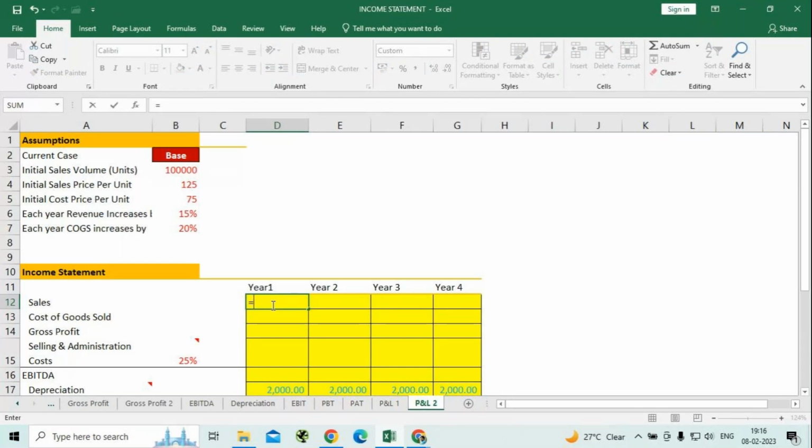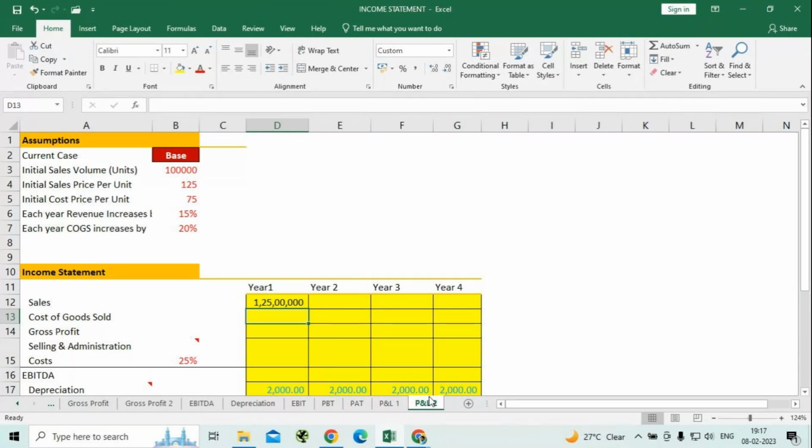1 lakh into 125 rupees. So that is 1 crore 25 lakhs, the sales value for year one. Do you want to do it for year two? We'll do year one first. Okay, fine.